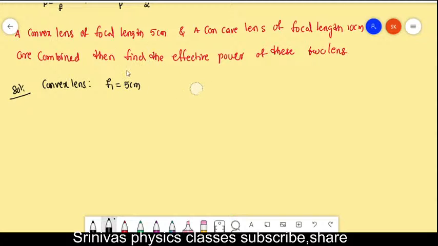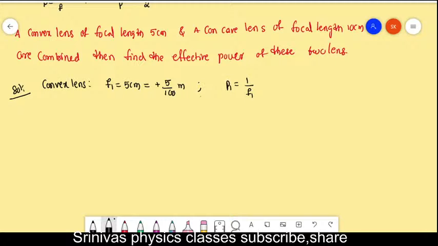Convex lens has the focal length positive, so plus 5 by 100 to convert into meters. Then we find the power of this first lens, 1 by f1.